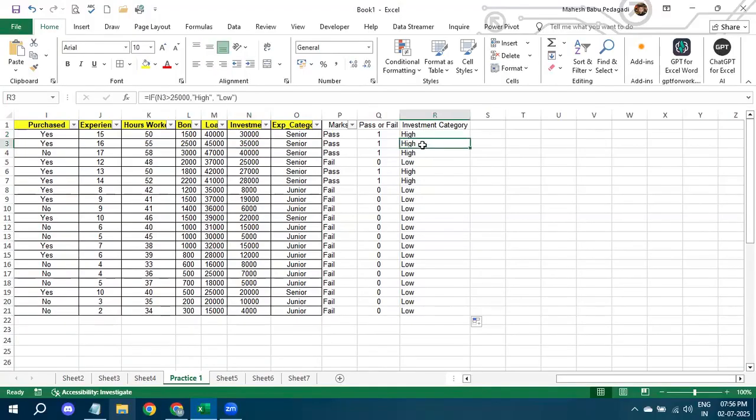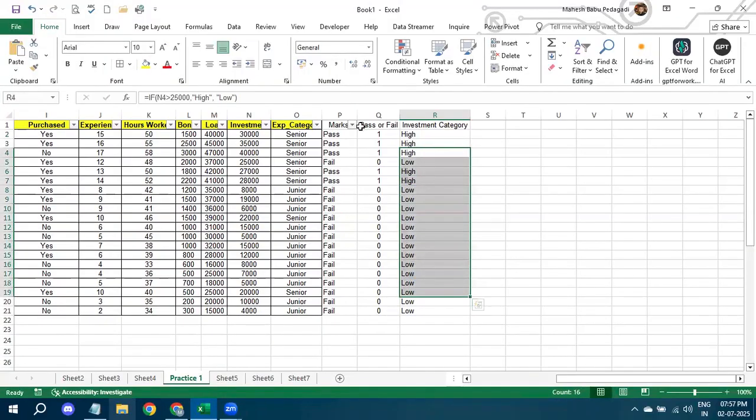If you see here, 35,000 is greater than 25,000, yes. Here, is 25,000 greater than 25,000? No. This is what the if condition is.